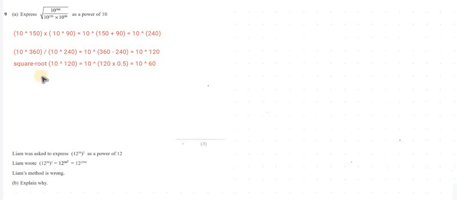Okay, this is all based on the laws of indices. Square rooting is like writing a number to the power of a half. When you're multiplying two things with the same base, you add the powers. When you're dividing two things with the same base, you subtract the powers, and there are more of those laws of indices for you to have a look at.